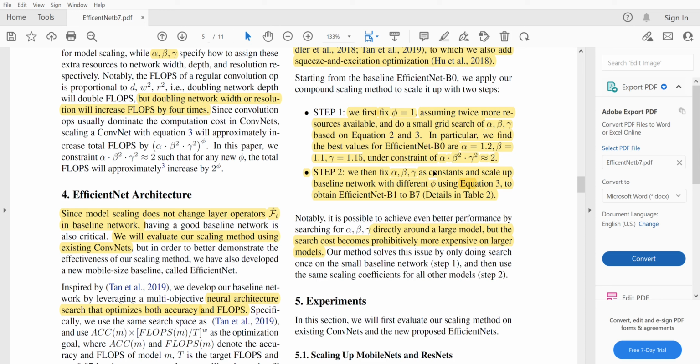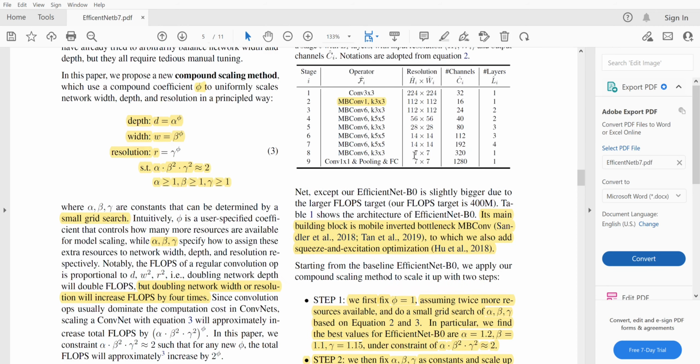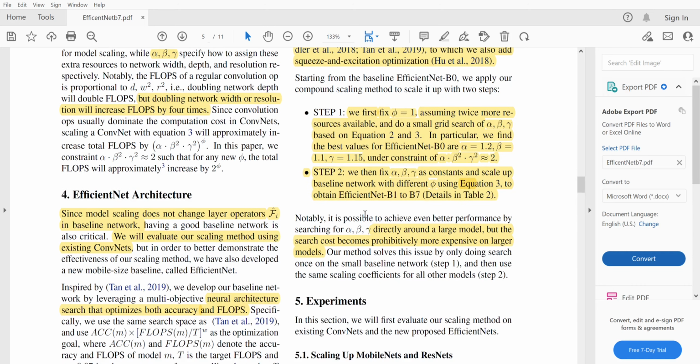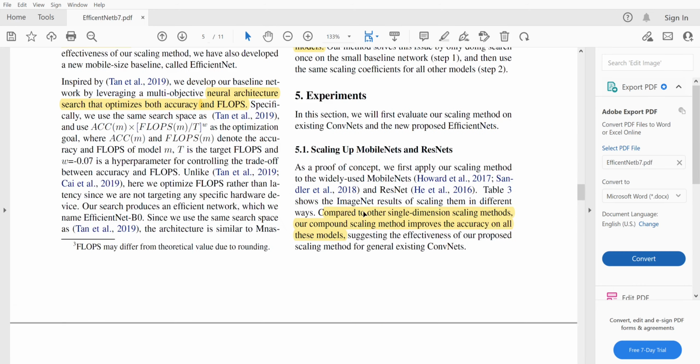And step 2, we fix alpha, beta, gamma as constants and scale up the baseline network with phi using equation 3 to obtain EfficientNet-B1 to B7. First they get the values using equations 2 and 3, and then they put them in equation 3 to get the EfficientNet B1 to B7 networks.